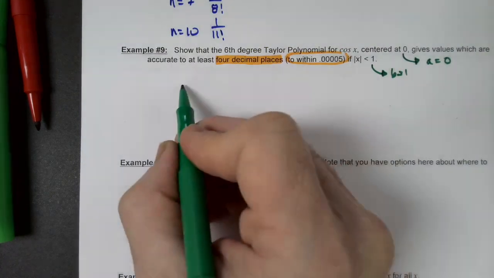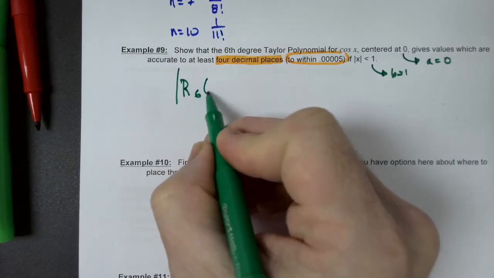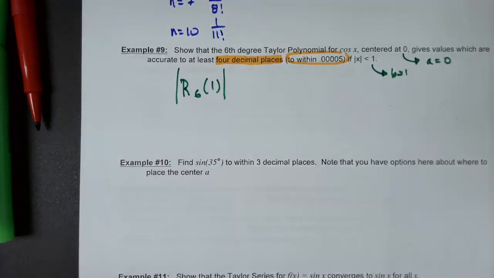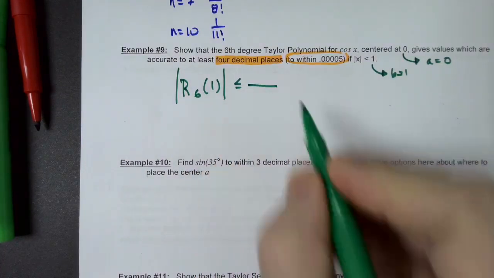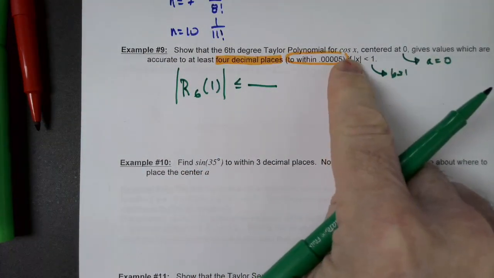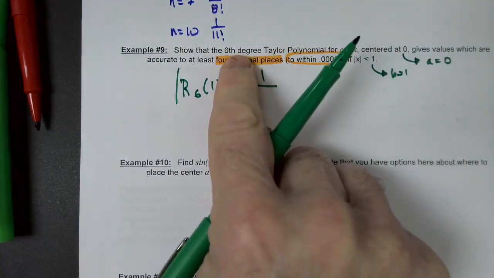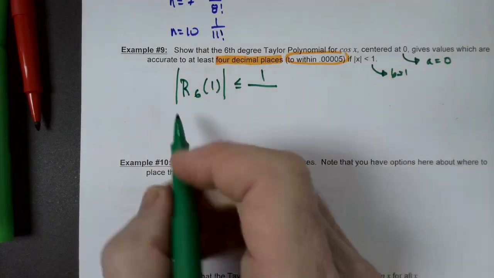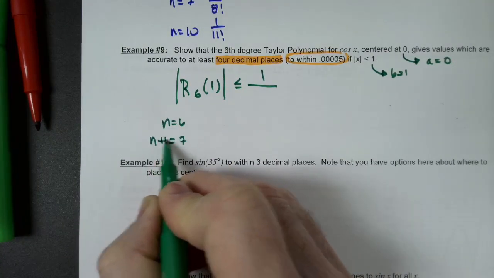Okay? So, this is saying our 6th degree polynomial at 1 must be less than or equal to, again, our m value is 1 since we're doing cosine, and then since this is the 6th degree, n equals 6, n plus 1 is 7.